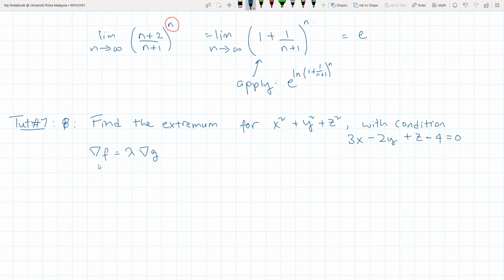Okay, so what's f? Let's define f as x squared plus y squared plus z squared, and then I define g as the function 3x minus 2y plus z, which equals 4. So g is the constant 4.